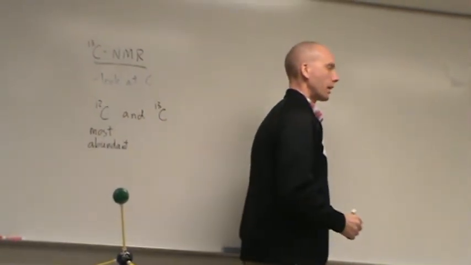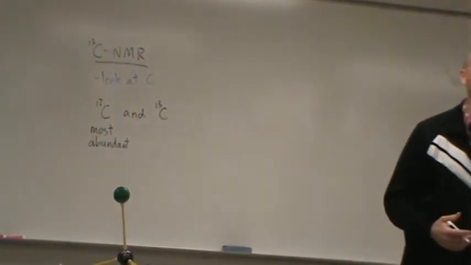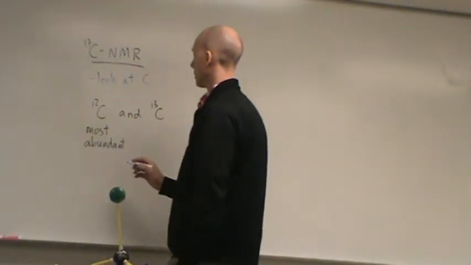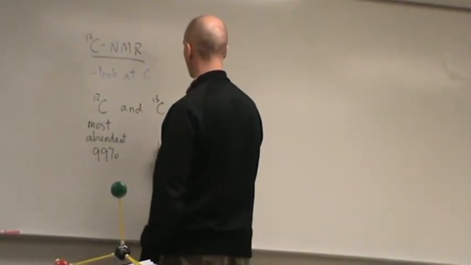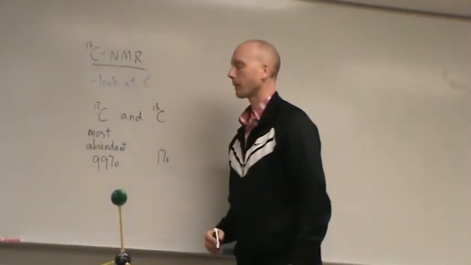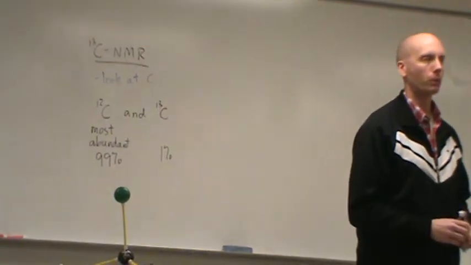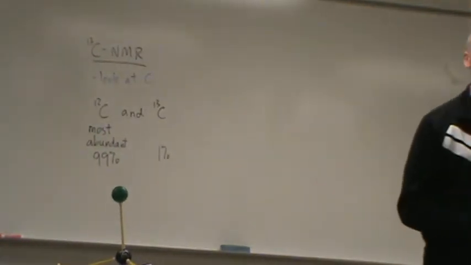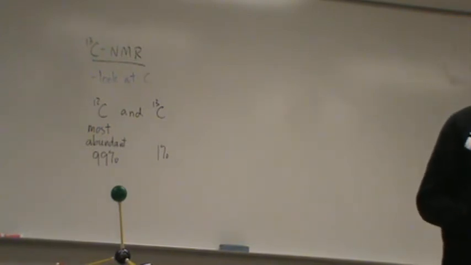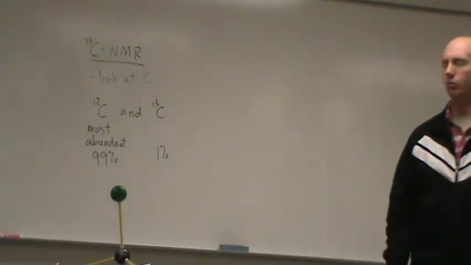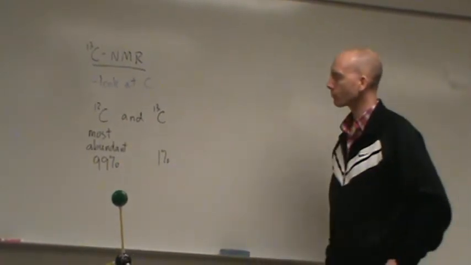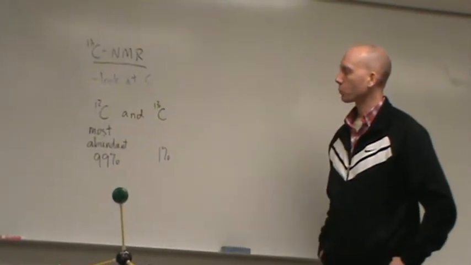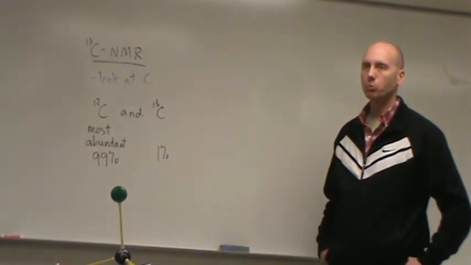In fact, if you were to use percentages, about 99% of all carbon atoms are carbon 12, and about 1% are carbon 13. There is another isotope, carbon 14, that's a very, very small fraction that's out there, so we'll just ignore it.